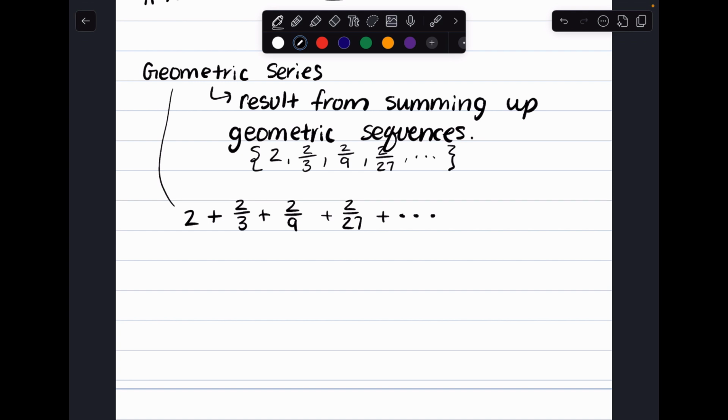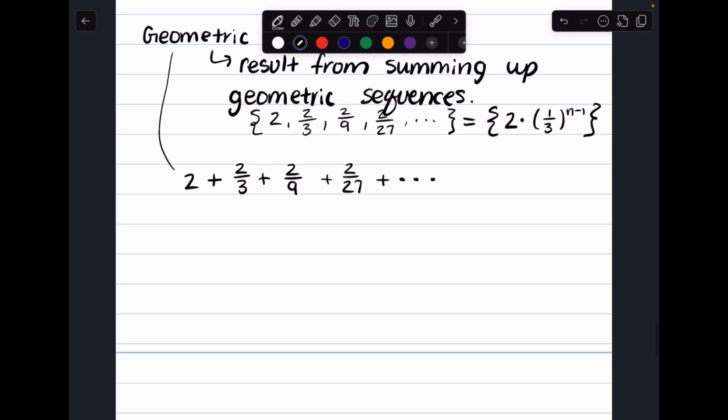Well, we can describe our geometric sequences as, so this one could be described as 2 times 1/3 to the n minus 1. And so our geometric series can be described as the sum, n equals 1 to infinity of, this one would be 2 times 1/3 to the n minus 1.